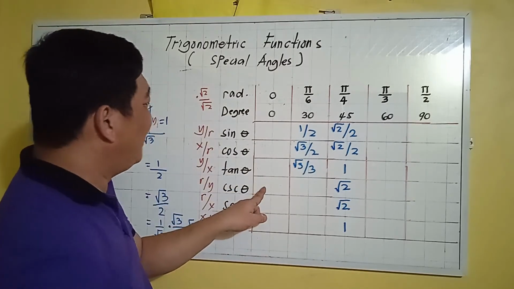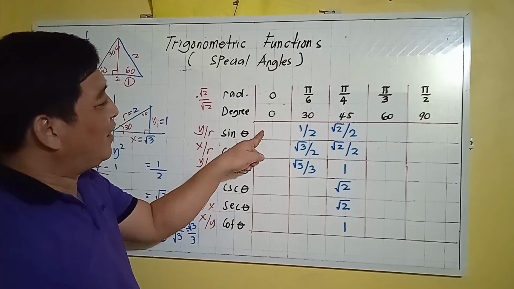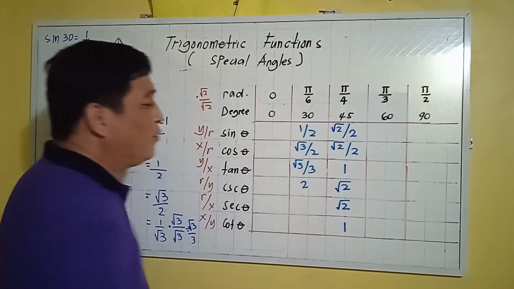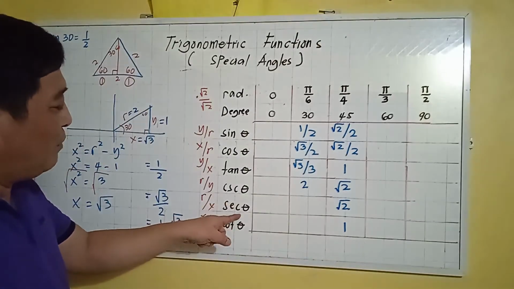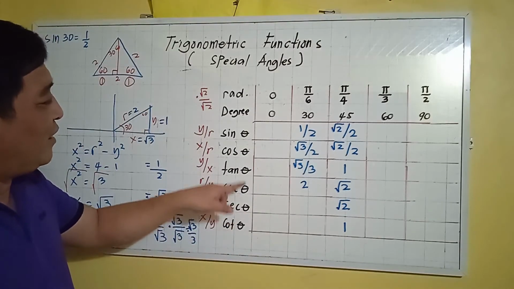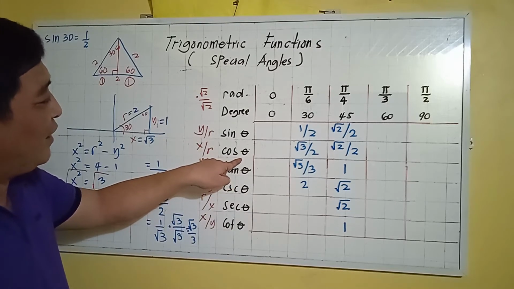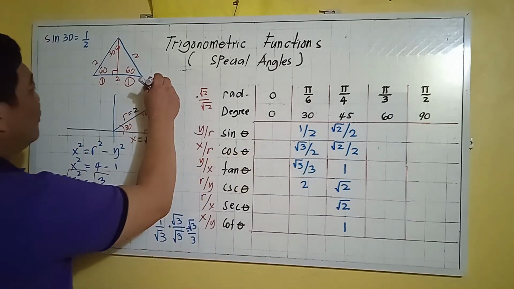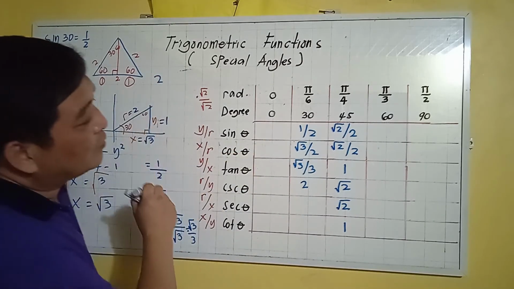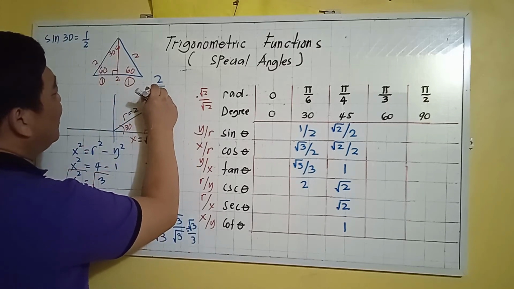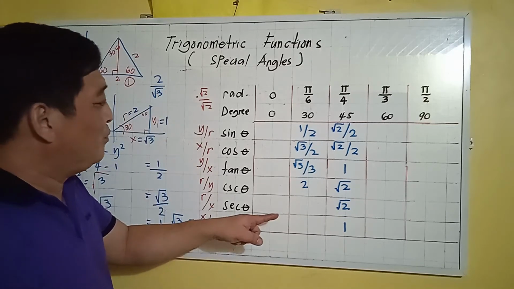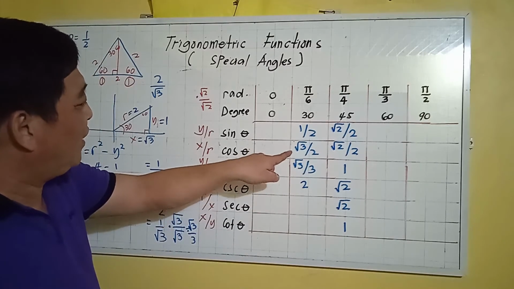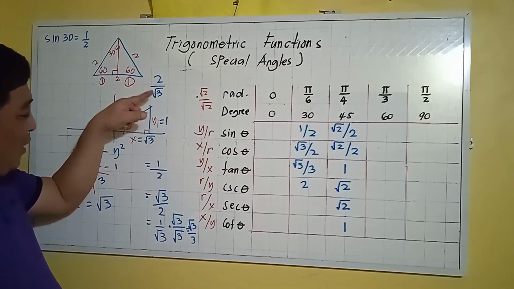So, cosecant theta is the reciprocal of sine. We have 1 over 2 magiging 2 over 1 or equals to 2. How about secant theta? Secant theta, reciprocal of cosine theta, we have 2 over square root of 3, so kailangan natin itong i-rationalize kasi square root yung mapupunta sa denominator.